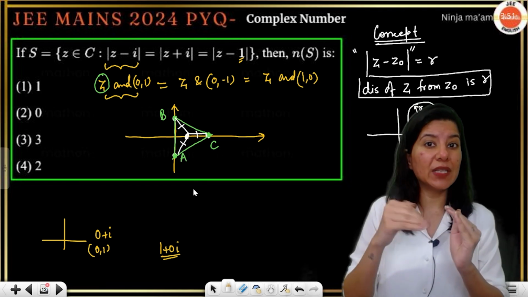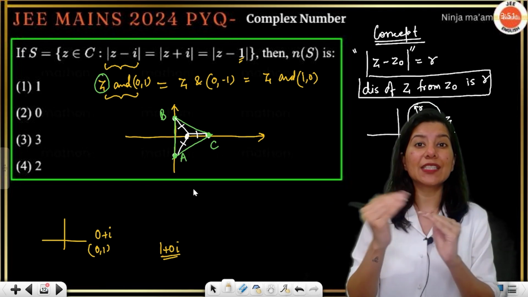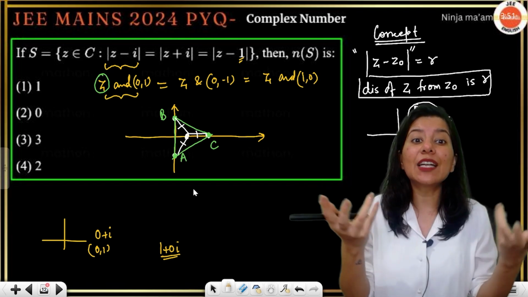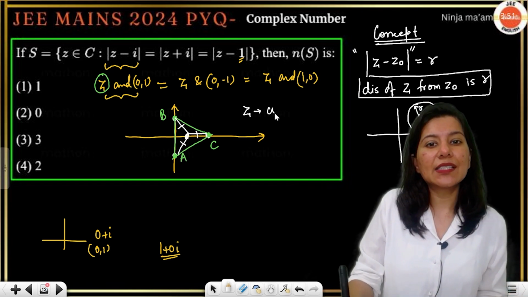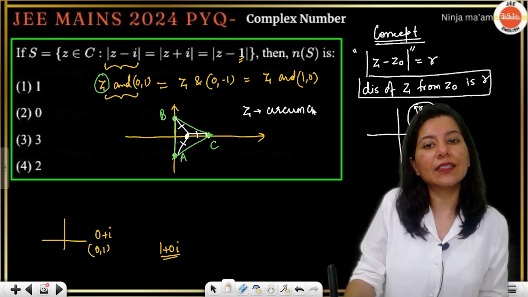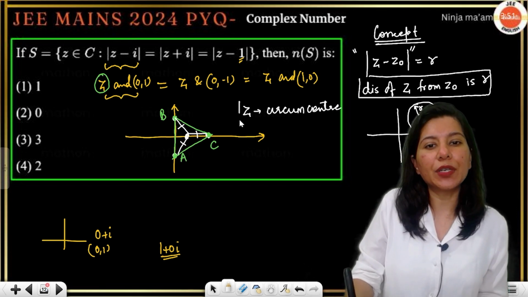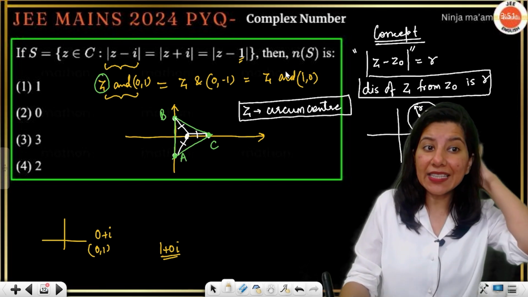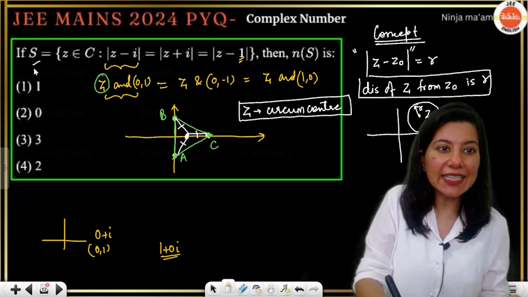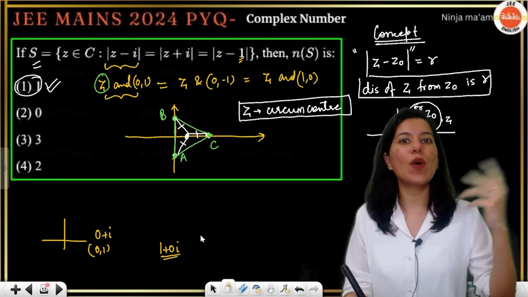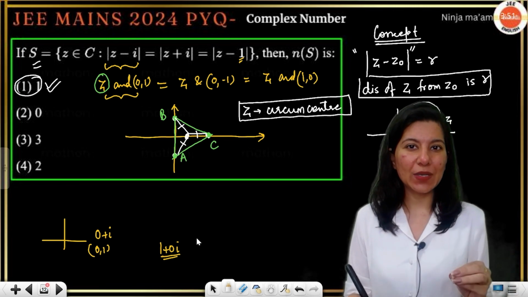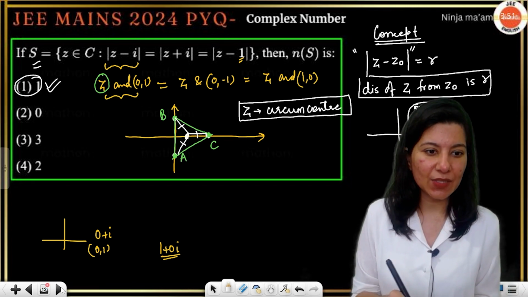So z is nothing but the circumcenter of the triangle. It's a unique point, so set S will have only a single point. How many points will be there in set S? 1 point. So geometry explains this question.